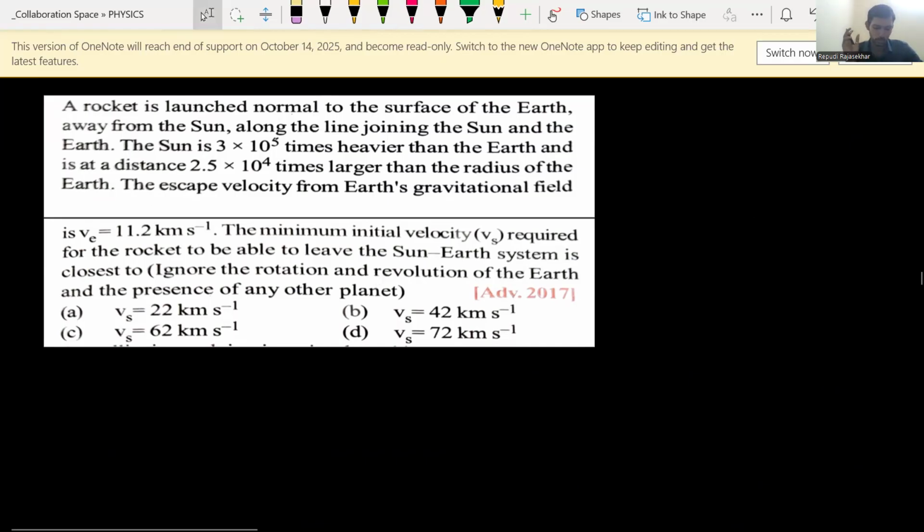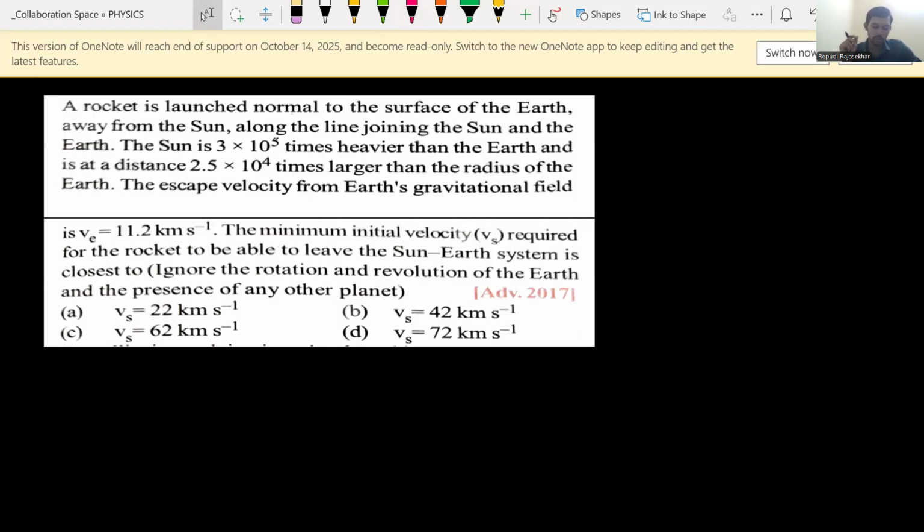Okay. Now, a rocket is launched normal to the surface of the earth away from the sun along the line joining the sun and the earth. The sun is 3 into 10 to the power of 5 times heavier than the earth and is at a distance 2.5 into 10 power 4 times larger than the radius of the earth.